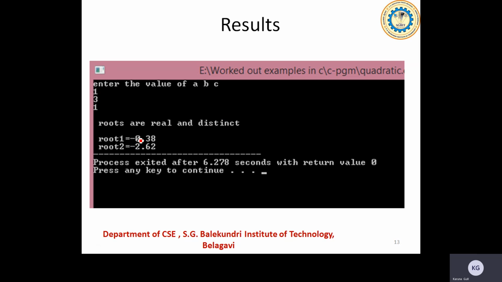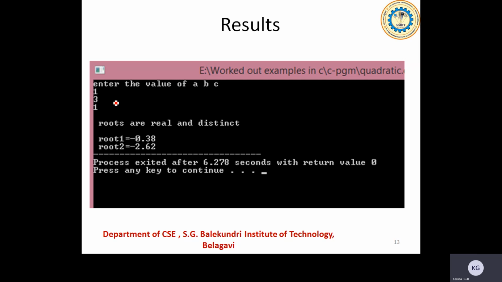Next, another example that I have taken here. A, B, C as 1, 3 and 1. Here the discriminant is a positive value. If it is a positive value, then you have to find the square root of that, and it will be either subtracted from the minus B or added with the minus B to get the final result.